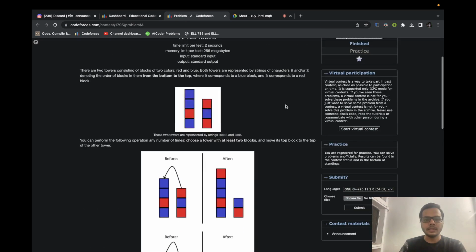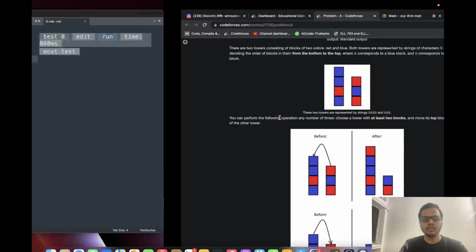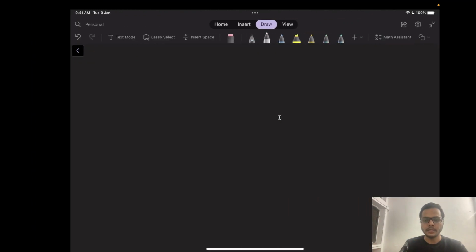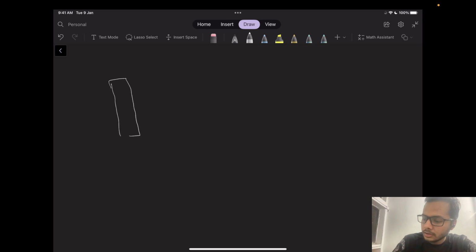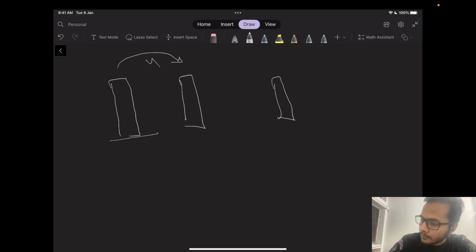I think it's pretty easy. All you have to do is make one easy observation: no matter what you do, let's say you do some X operations from the first string to the second string, and then some Y operations from the second string to the first string.